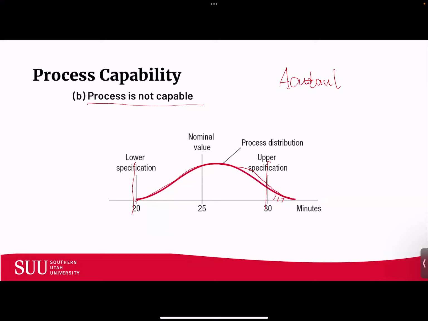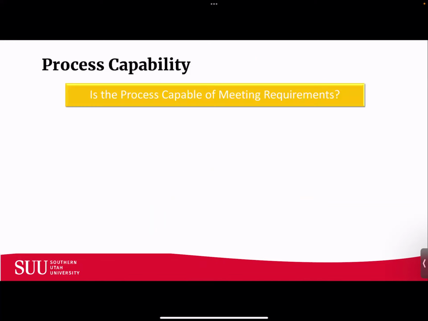So we consider the specification as well. We just compare these two things, and we use specification divided by actual. This is what we have for CP, the process capability ratio. So this is how we compute that. Okay.